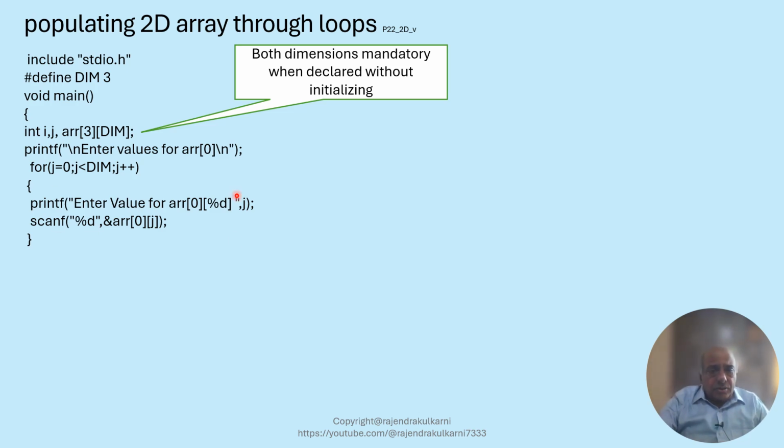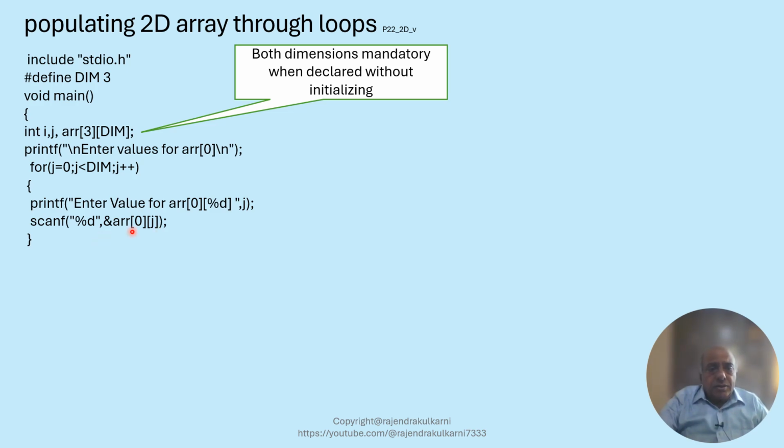So what this for loop does is prompt the user to enter the values which he wants to assign to the 0th element of the 2D array ARR, and whatever the user enters is assigned by this scanf statement to the elements of the 0th element of the 2D array, which is the 1D array of dimension 3.